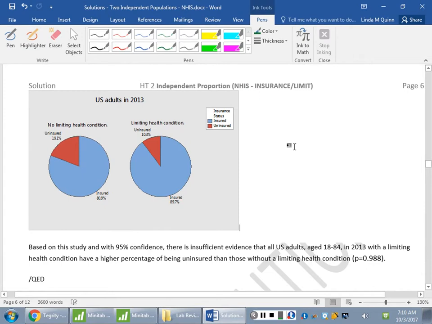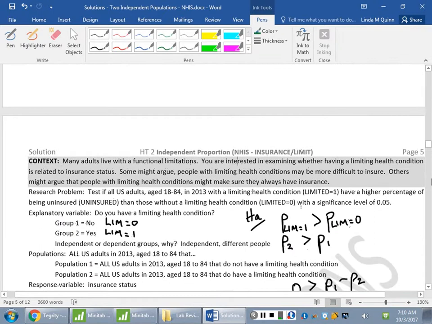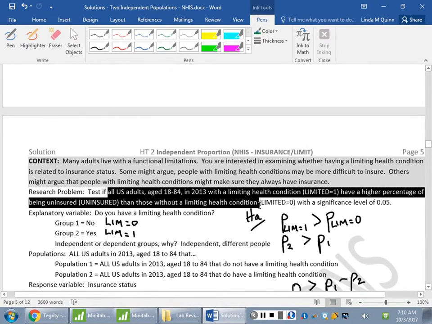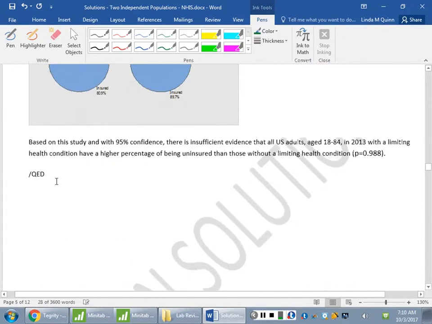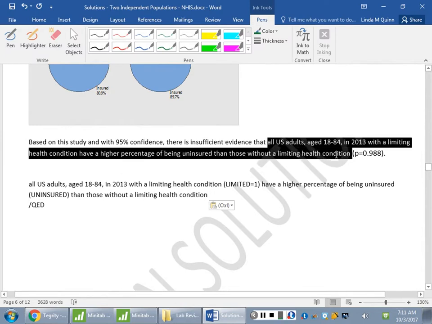So finally, we get to the conclusion. Well, I want to remind you, you should be going up and getting the research question. So I could take that section there, and I could plug it down here, which is what you see. You see that based on this study and with 95% confidence, there's insufficient, so that goes with my decision rule. And now you see this phrase here as being the same that I just put together.